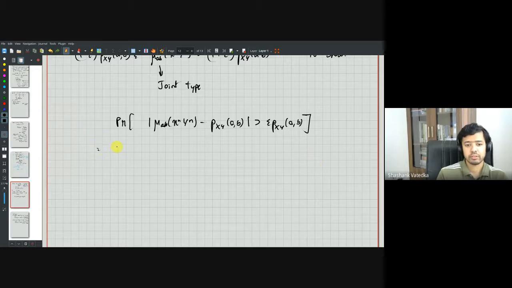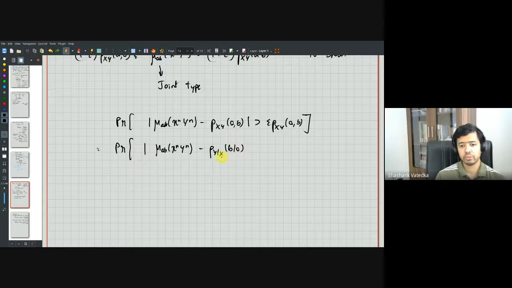And for this we'll sort of split this into two things. So mu ab of xn yn minus py given x of b given a, times px of a. We already know that the fraction of a's in xn is going to be close to px of a, right?